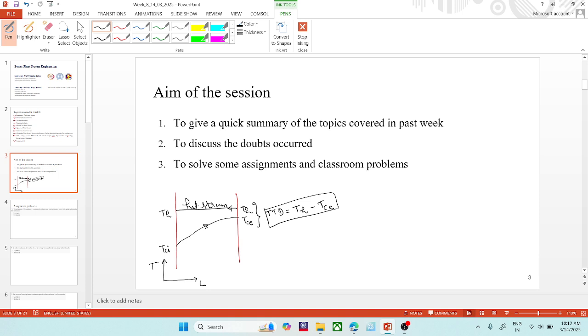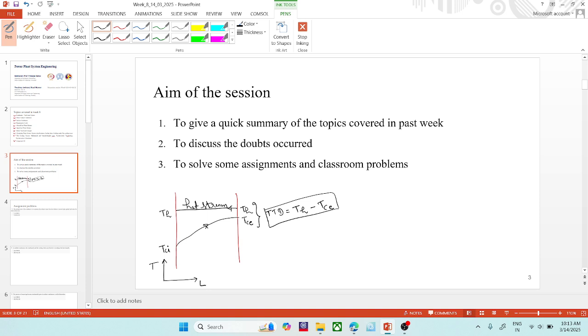Then in the third lecture, we learned about circulating and wet cooling: the circulating water systems and their classifications, cooling lakes, cooling ponds, dry cooling towers, and wet cooling towers. This is basically the theory, and some formulas are also there, which we will look into while solving problems.